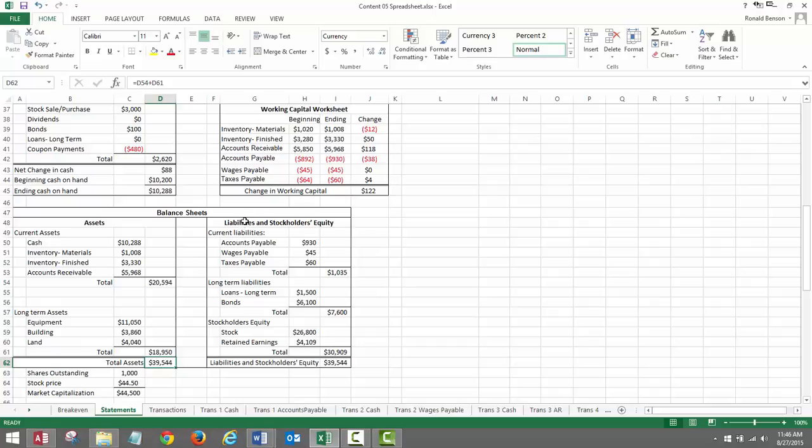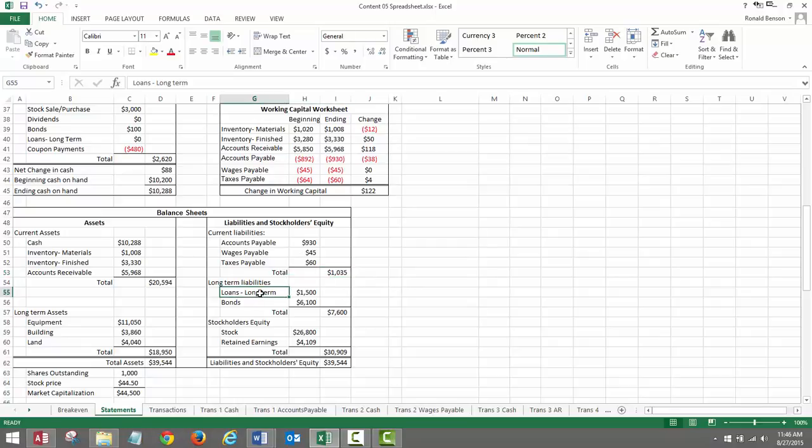Now we'll go to the liability side. The current liabilities, in this case, will be strictly the liability accounts from working capital. The 930, 45, and 60 are recorded down here as positive values. The whole sheet is liabilities. You total those, 1,035.